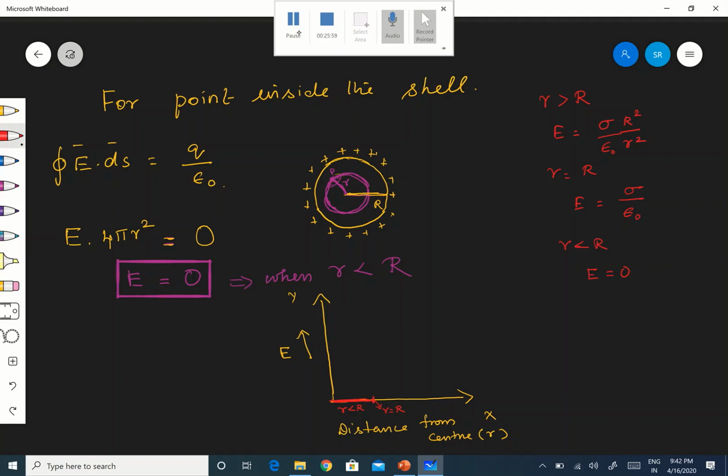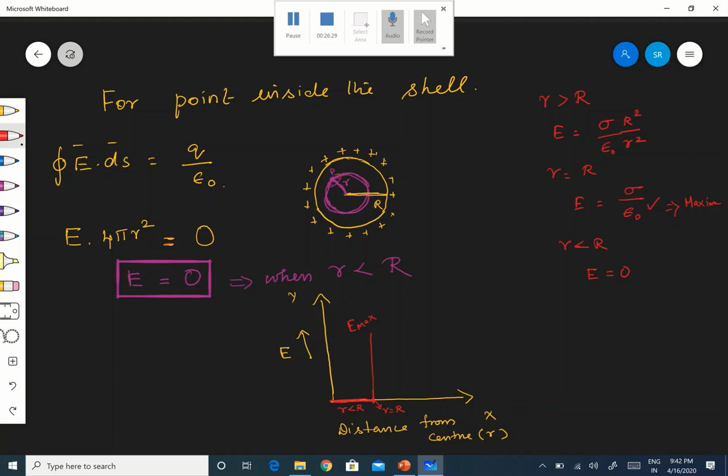So for r less than R, the electric field is equal to 0, and at the point r equal to R, it shoots up to the maximum possible value of electric field intensity, which I write as E max.